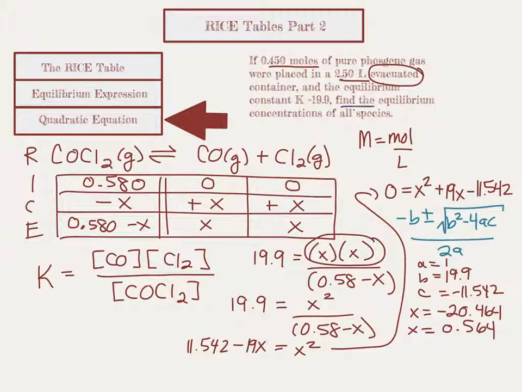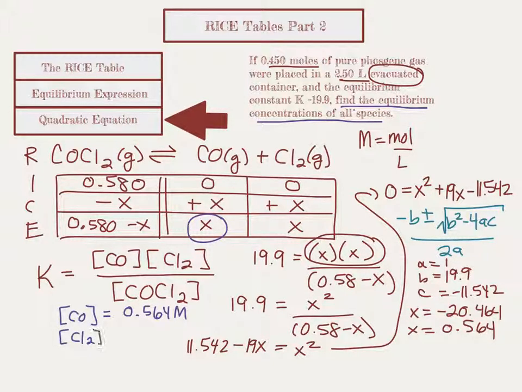We are supposed to find the equilibrium concentrations of all species, so we are really close. Two of our species are already found. The carbon monoxide is just the value of x, so we can write down that value as 0.564 molarity. Same thing goes for the chlorine gas.